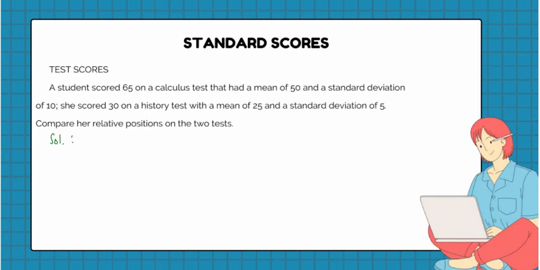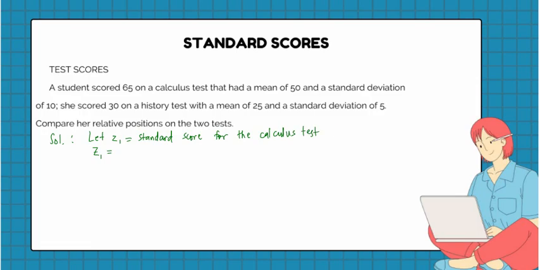You calculate first for your z sub 1. Let's say we let z sub 1 be equal to our standard score for the calculus test. Okay?